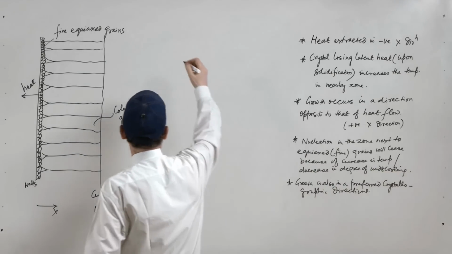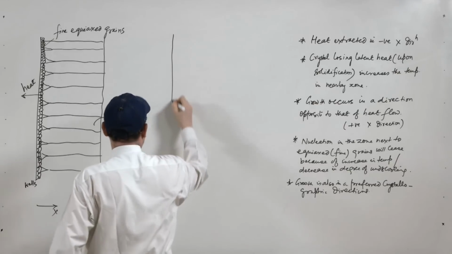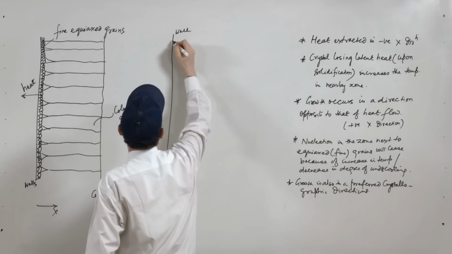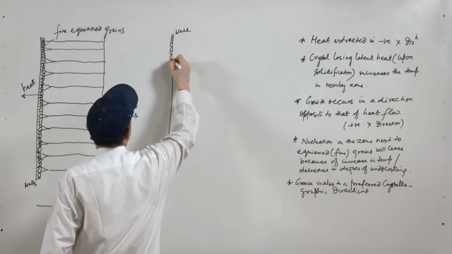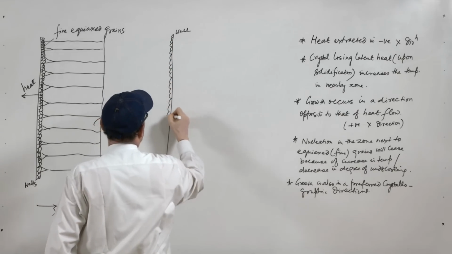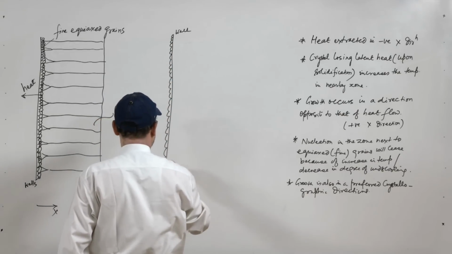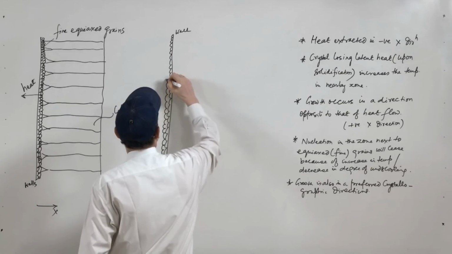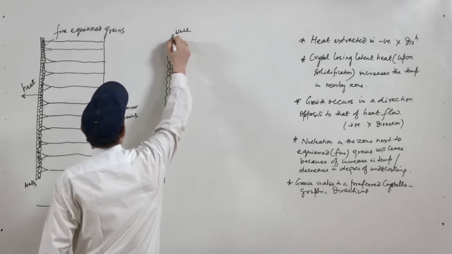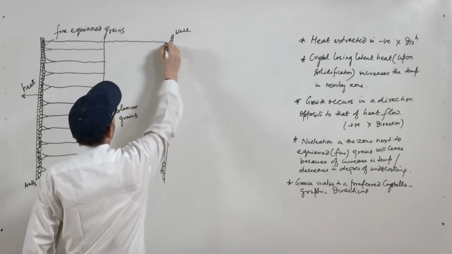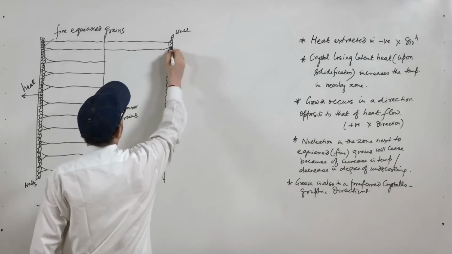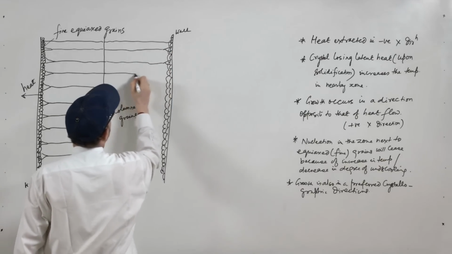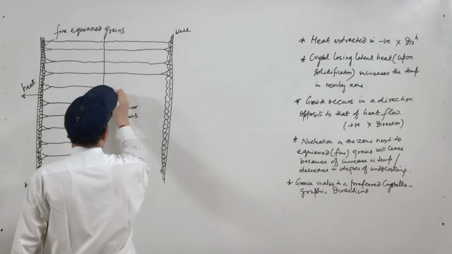And from this side also similar thing happens. So, this is also wall. So, similar thing will happen this side also, and ultimately you will have the structure becomes like this.